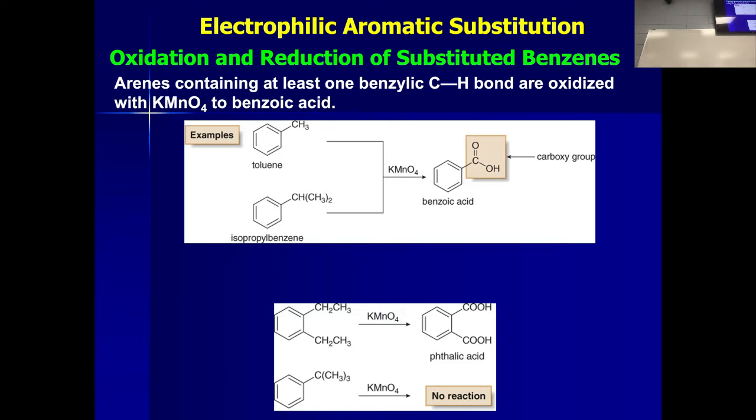So, last time we talked about the fact that aromatic rings have something special about them, right? If I take benzene and react it with bromine, what do I get? Nothing. No reaction.